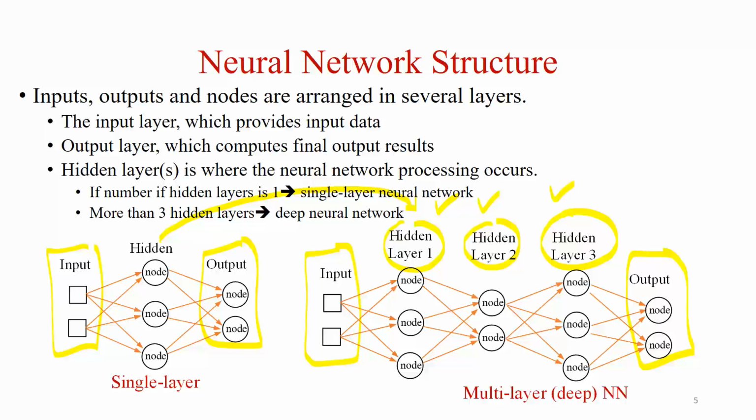People sometimes refer to a neural network with 3 or more hidden layers as a deep neural network, and these terms are not really very scientific, but some folks like to refer to networks with 3 layers or more of hidden layers as deep neural networks.